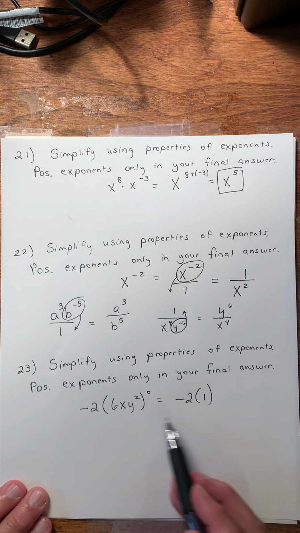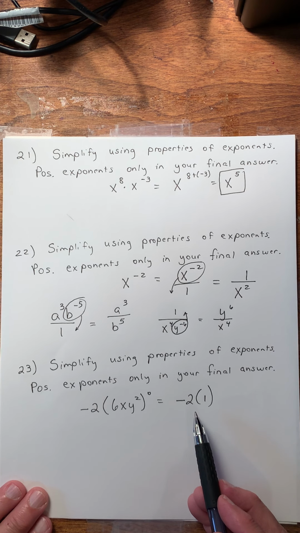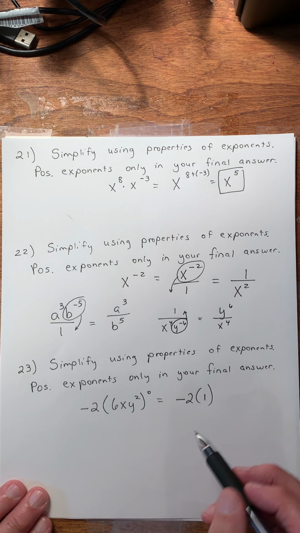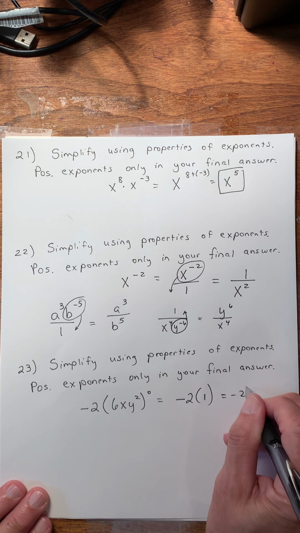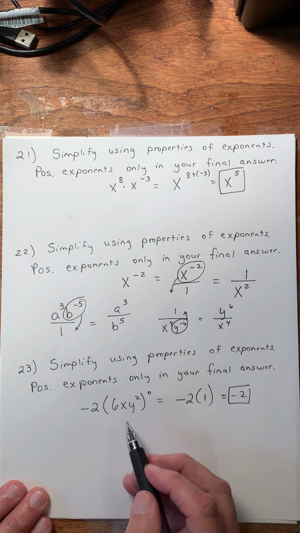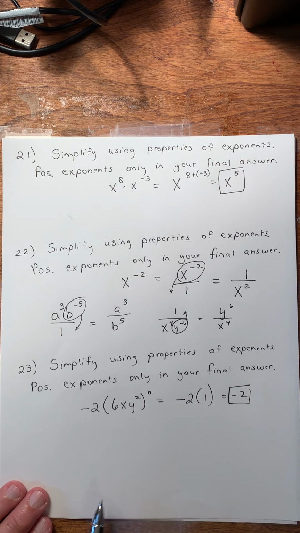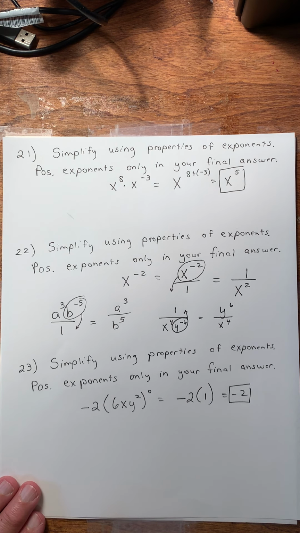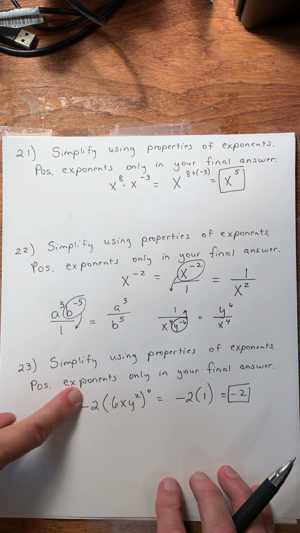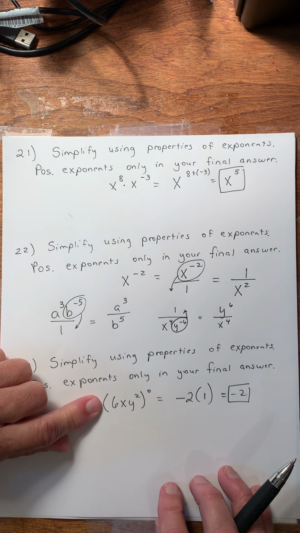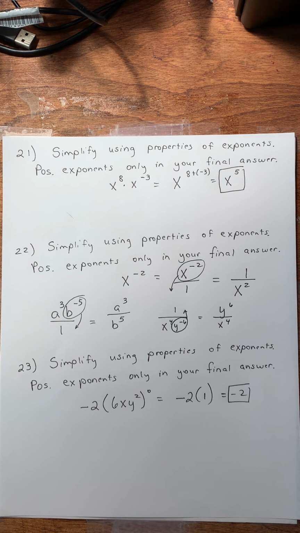Do that first, and it simplifies enormously after that. -2 times 1, -2. Finished. So find what's to the 0 power and deal with that first. Notice it's not the whole thing to the 0 power. It's just what's in parentheses to the 0 power.